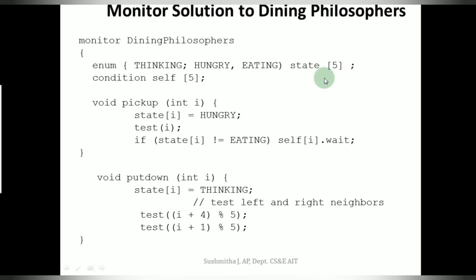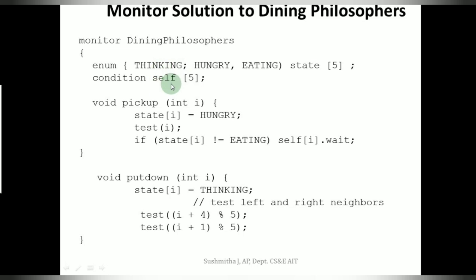So these 5 philosophers are enumerated to have one of these states: thinking, hungry, or eating. Now if a philosopher is hungry and wants to eat, he must pick up chopsticks, and he can pick them up only if both the chopsticks closest to him are available. After he completes eating, he has to put down the chopsticks.